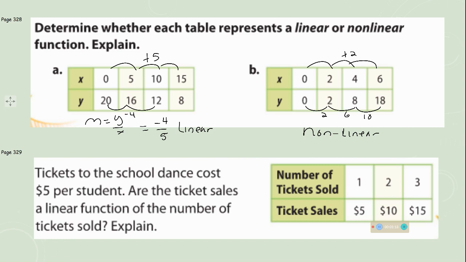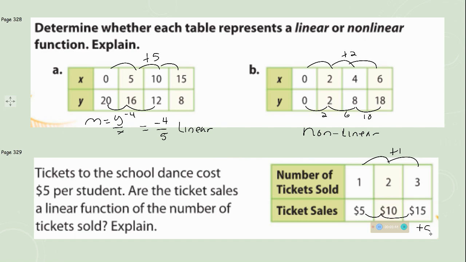Sometimes they're going to give you a story like they did on page 329. So tickets to the school dance cost $5 per student. Are the ticket sales a linear function of the number of tickets sold? Explain. So again, we're going to look at the change. The change from 1 to 2 and 2 to 3 is plus 1. On the bottom, you go 5 to 10, 10 to 15.